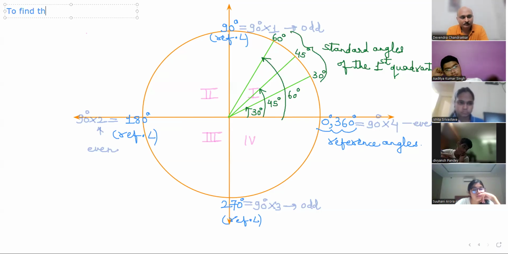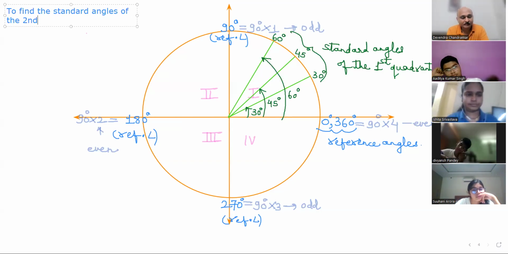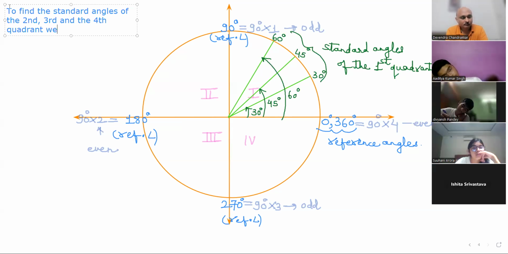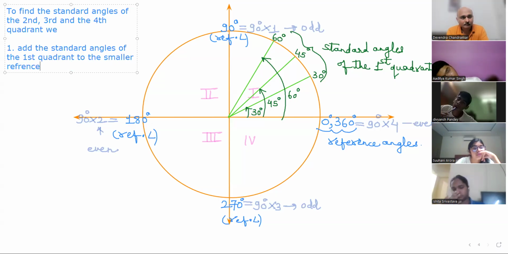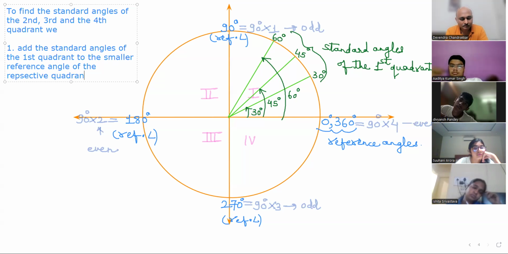To find the standard angles of the second, third, and the fourth quadrant, we first add the standard angles of the first quadrant to the smaller reference angle of the respective quadrant, right?